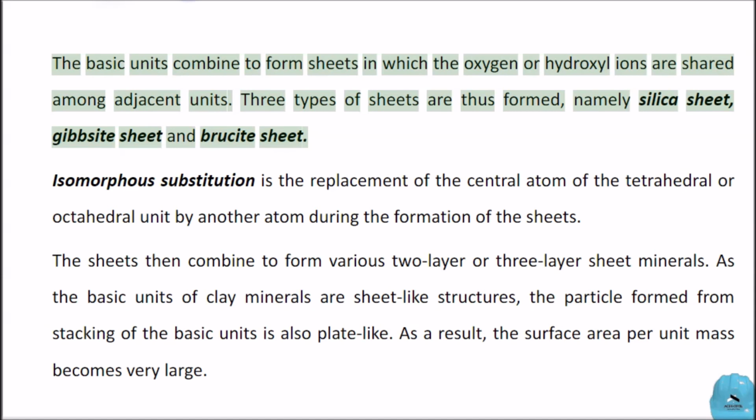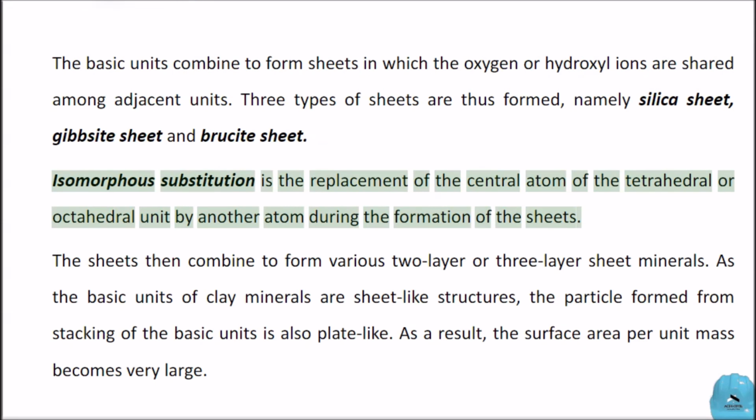The basic units combine to form sheets in which the oxygen or hydroxyl ions are shared among adjacent units. Three types of sheets are thus formed, namely silica sheet, gibbsite sheet, and brucite sheet.